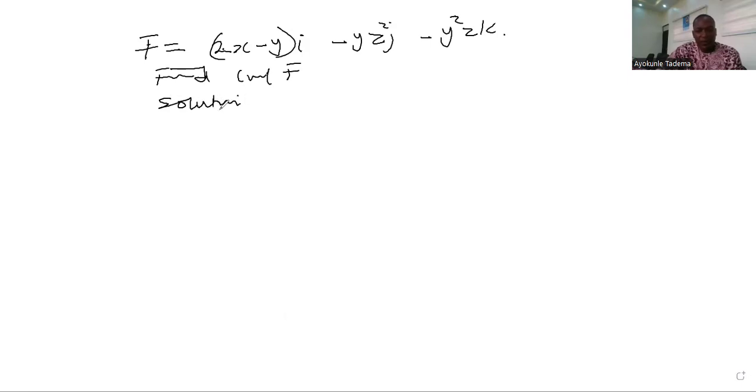Solution. Now, how will you solve this? Curl f is the same thing as nabla cross product with f. And that is i, j, k, del x, del y, del z.